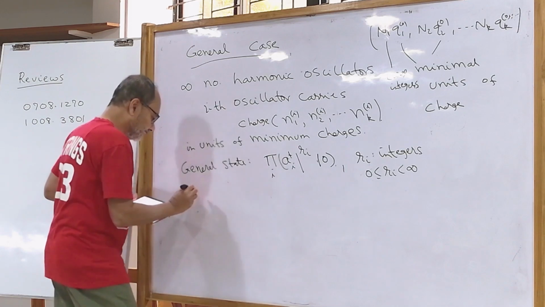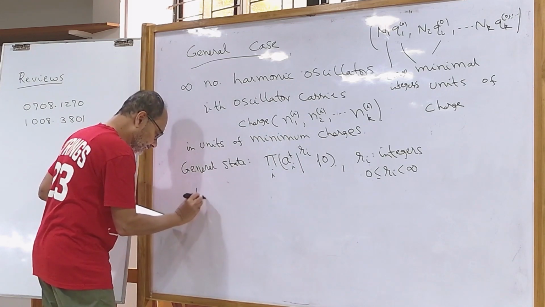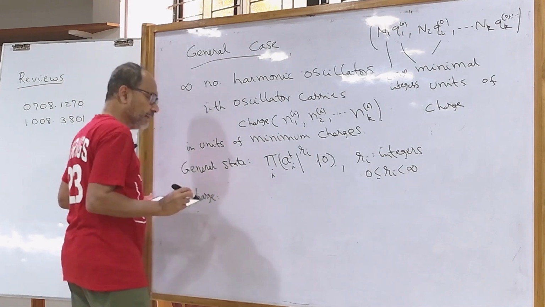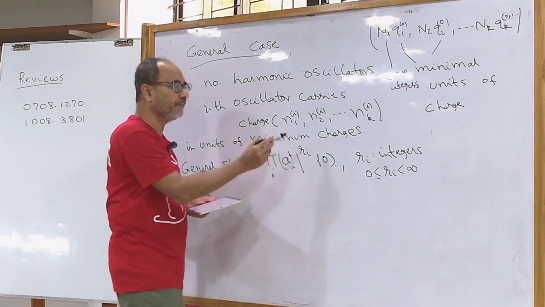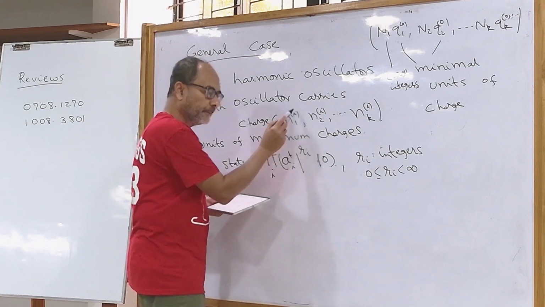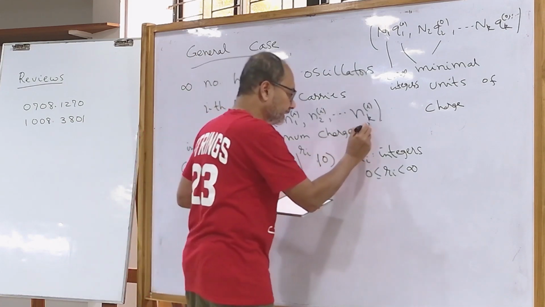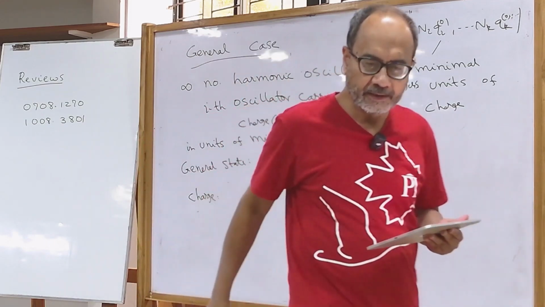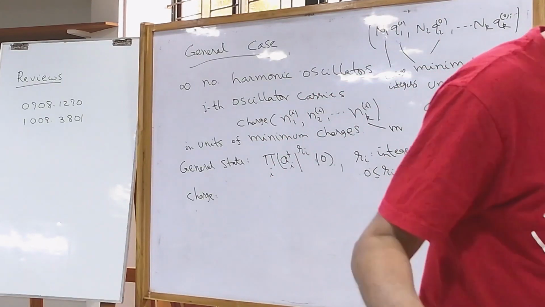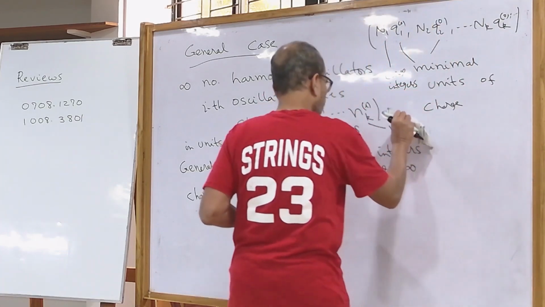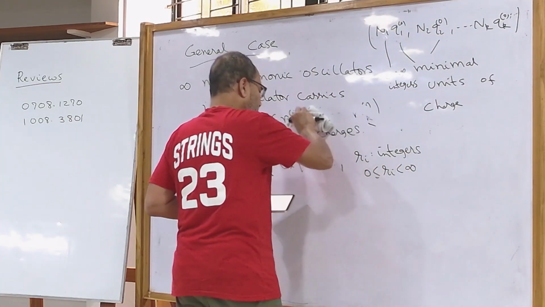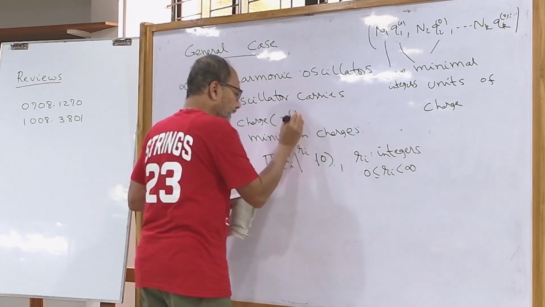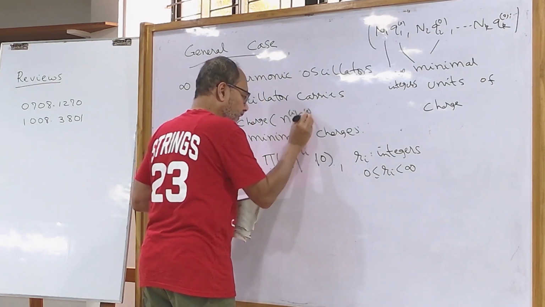And the charge that such a state will carry will be the first charge. See, ai dagger carries the first charge n1i. This is an integer. These are all integers because we are using minimal unit of charge, measured in units of the minimal unit of charge. Or maybe I can just put the charge unit anyway. Let me write this: n1 q1 naught.